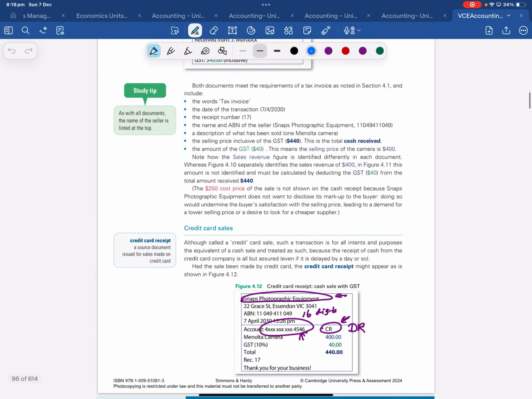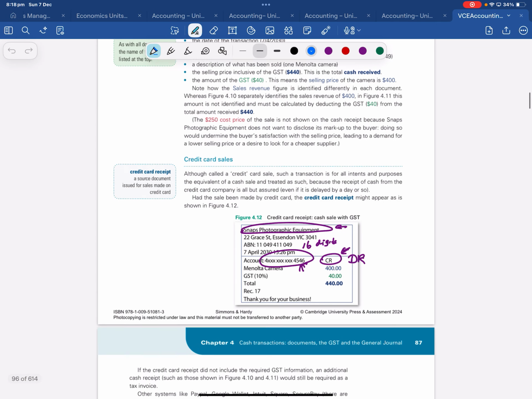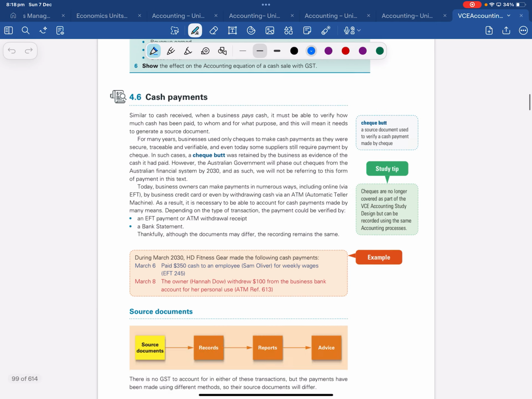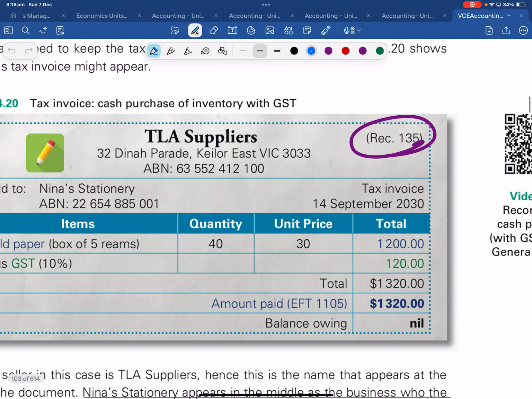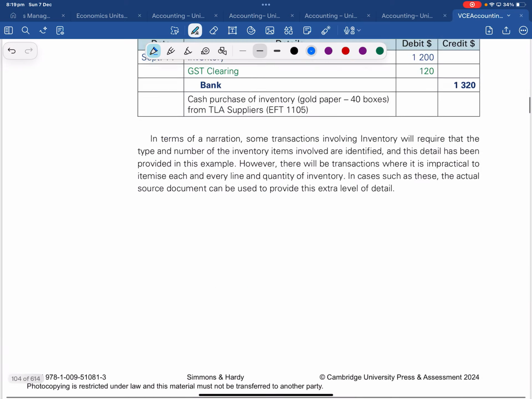What we have been given is the receipt. This is the receipt, so we use the number next to the tax invoice. We can't use the EFT because it was not the EFT that we were given. We were given this one.